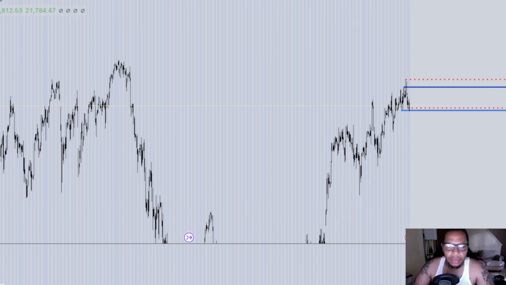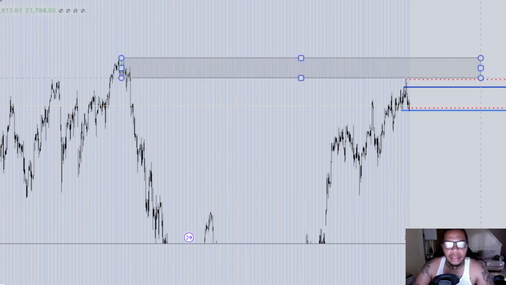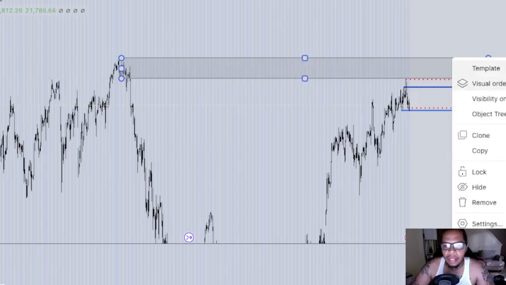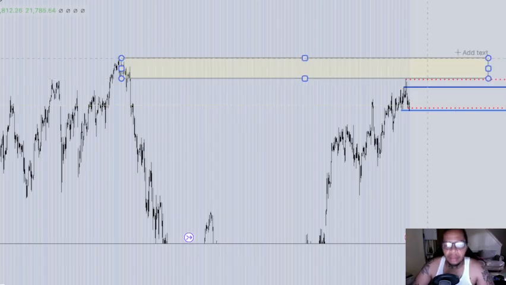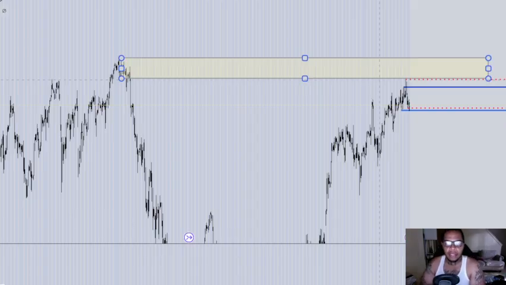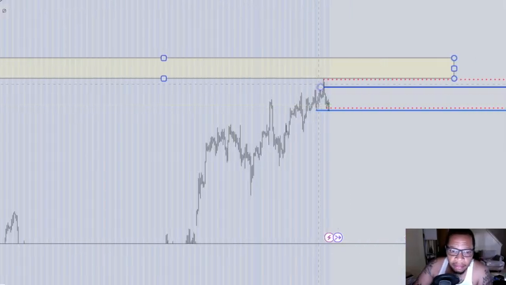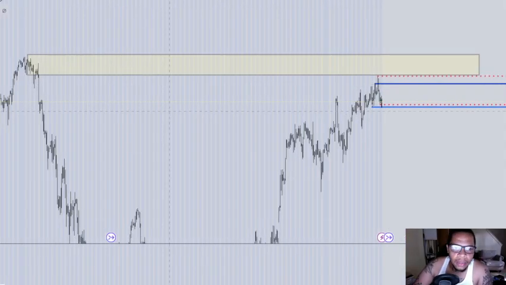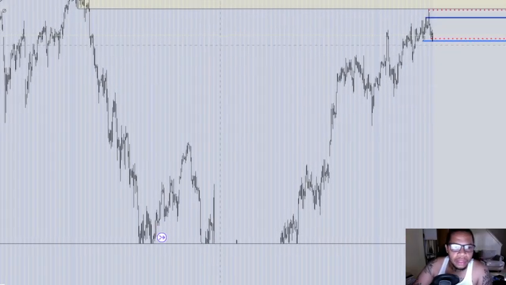So what I like to do is mark that out as an order block like this. You feel me? I put a square around that order block. Mark that out because that's a good area that price sells from. And price looks like it's actually selling from there right now. But we're going to just keep looking.